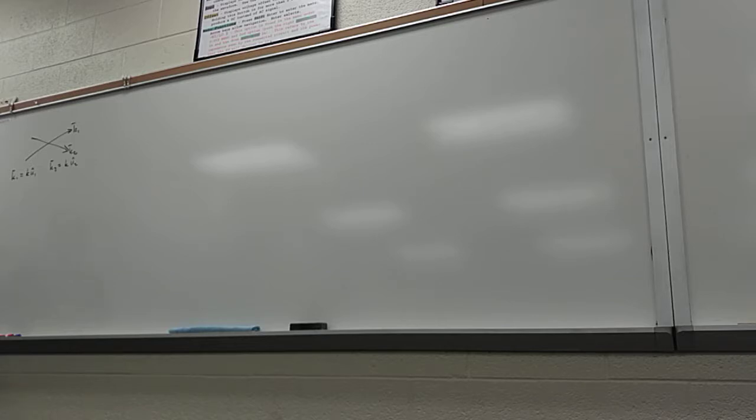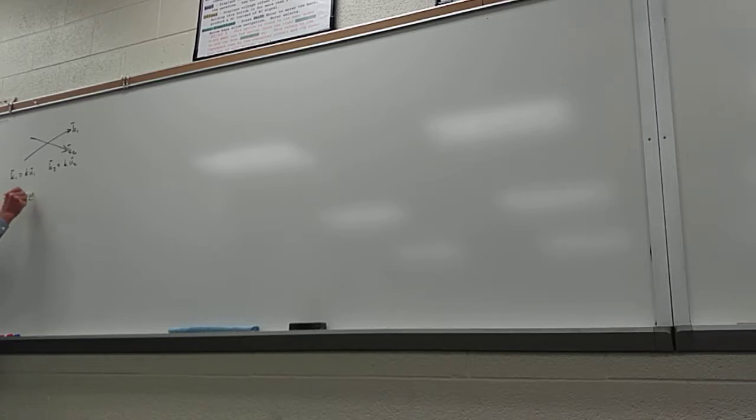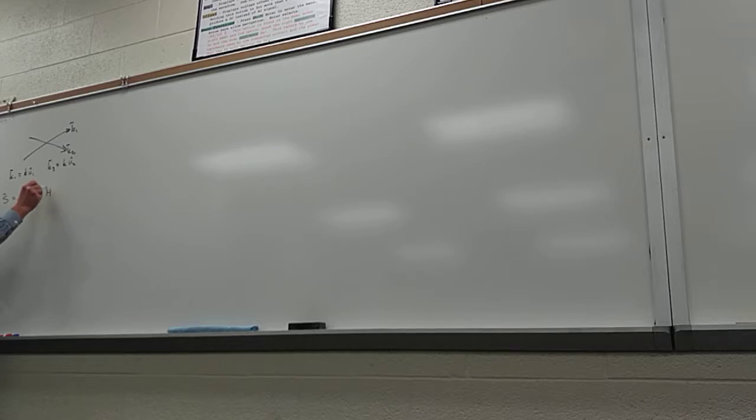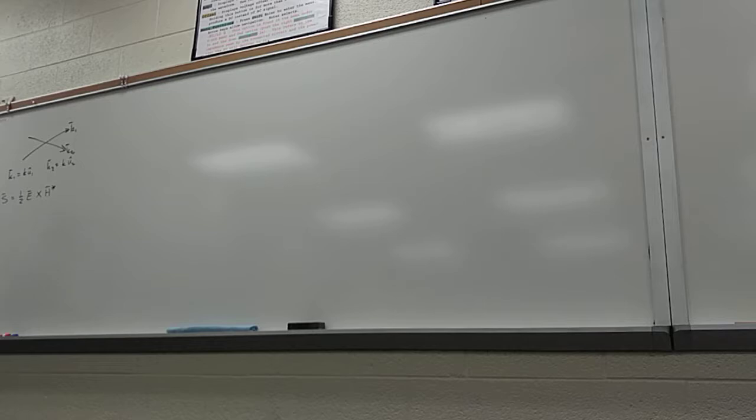Power flow means that we've got to worry about the Poynting vector, so let's talk about the complex Poynting vector, which is 1/2 the complex amplitude vector of the electric field crossed into the complex conjugate of the complex amplitude vector of the magnetic field.